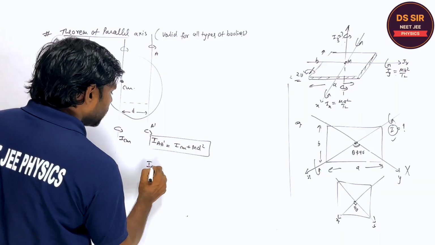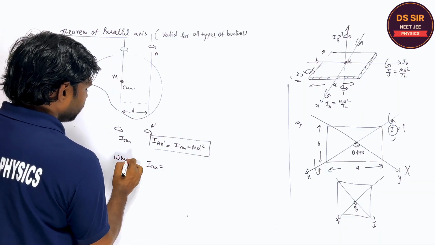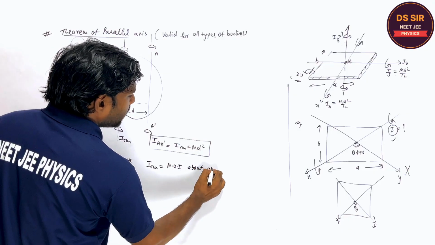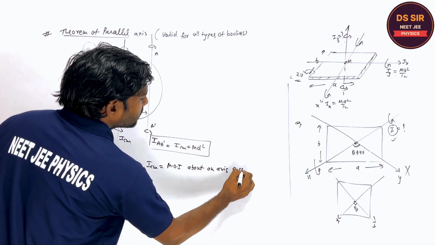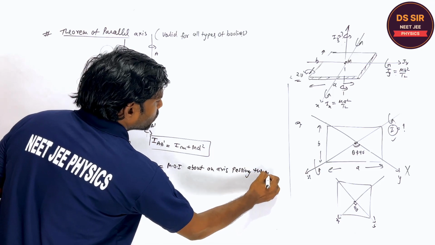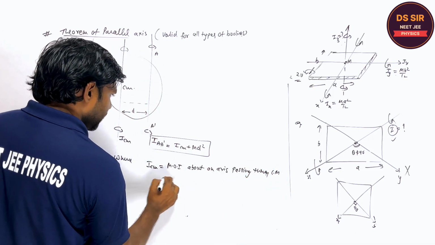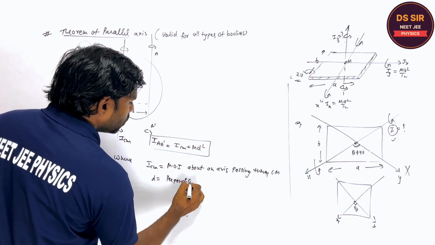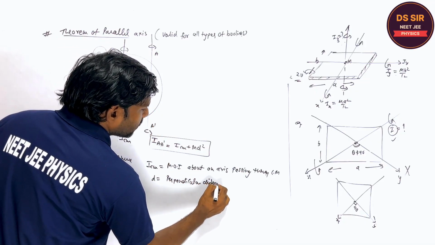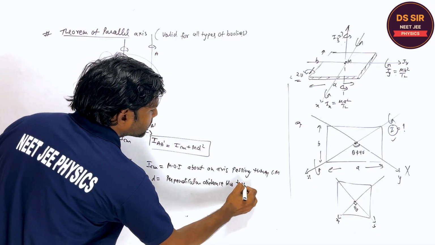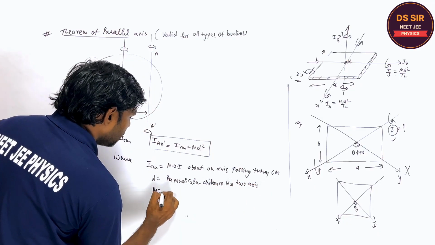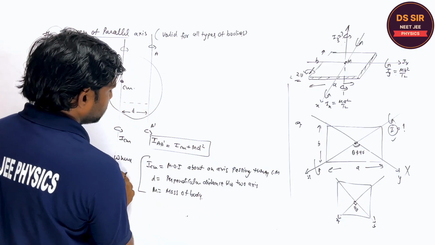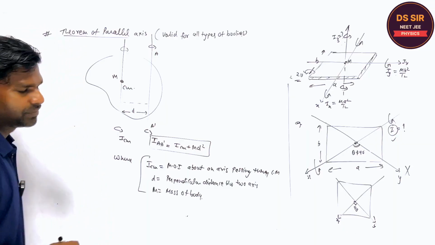Where ICM is the moment of inertia about an axis passing through center of mass, and d is the perpendicular distance between two axes, right? M is the mass of the body. Yes, copy this.